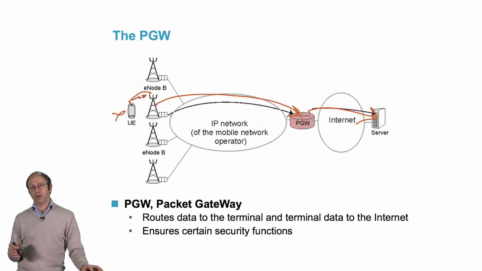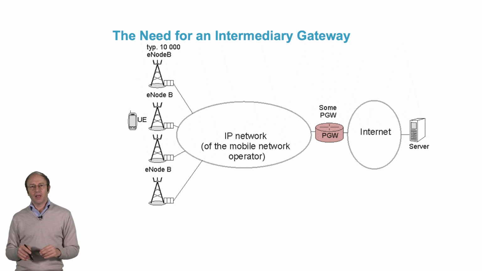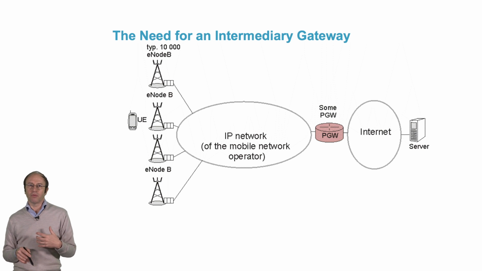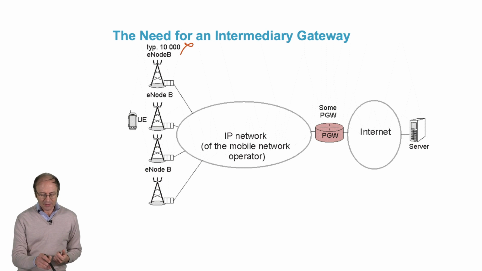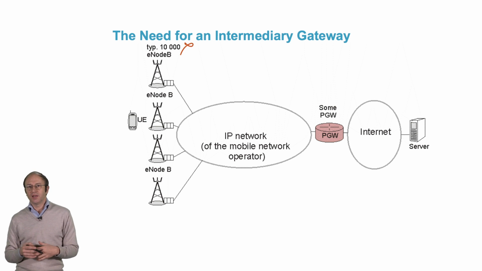If you think about it for a second, the typical number of eNode Bs for a French network is around 10,000. In certain cases, in dense areas, the coverage of an eNode B is just several hundred meters around that eNode B. On the other hand, there are just a few P gateways in a 4G network.